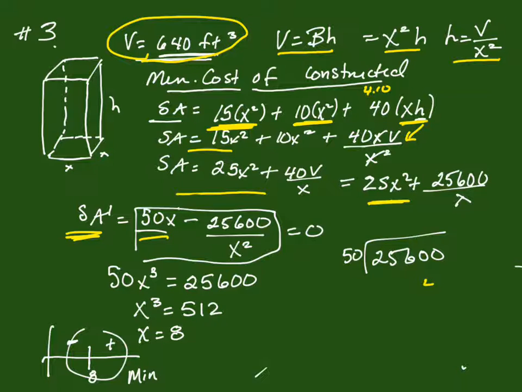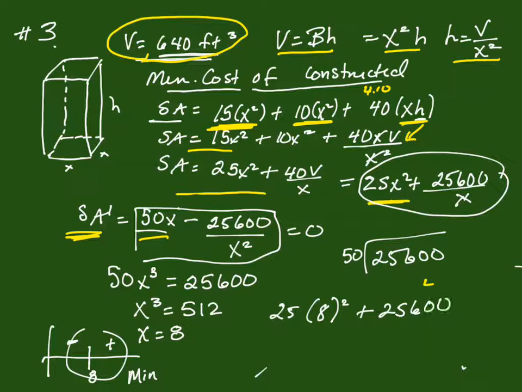Now, what is it? You always go back and say, what does it ask for? It says, what's the minimum cost of the constructed box? So I have to figure out the sides. So you would go back up here to the surface area. I guess your simplified surface area would be the fastest way to do it. So 25 times 8 squared plus 25,600 over 8.